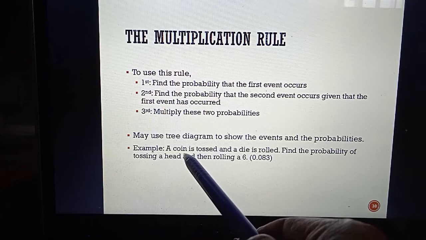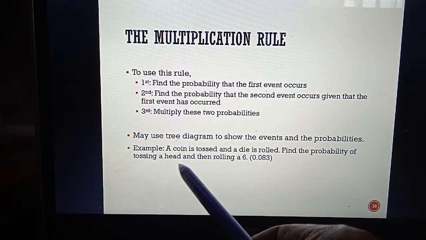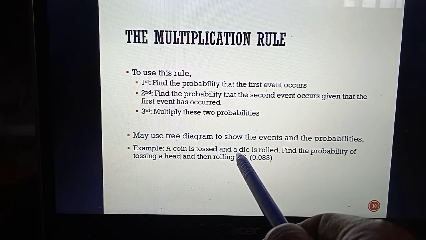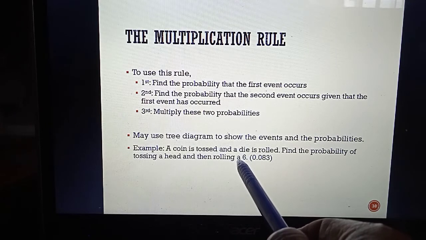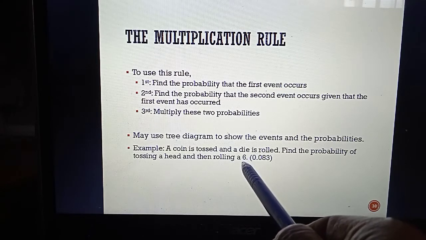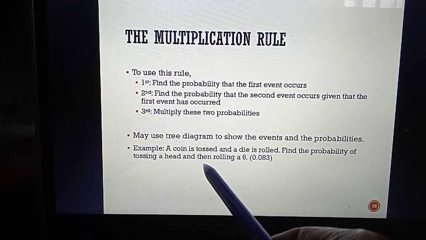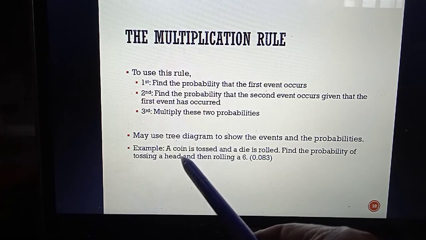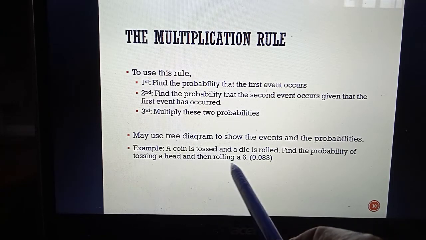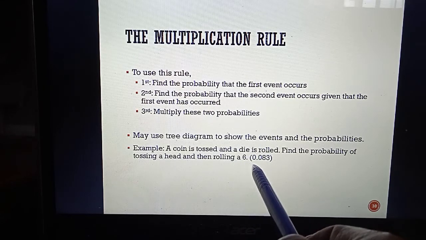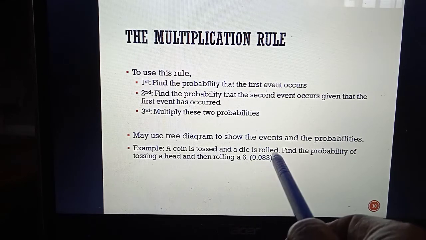Rolling a die dapat number 6 adalah 1 out of 6. So kita darab untuk dapat dua event ni in sequence, 1/2 darab dengan 1/6. So the answer is 0.083.